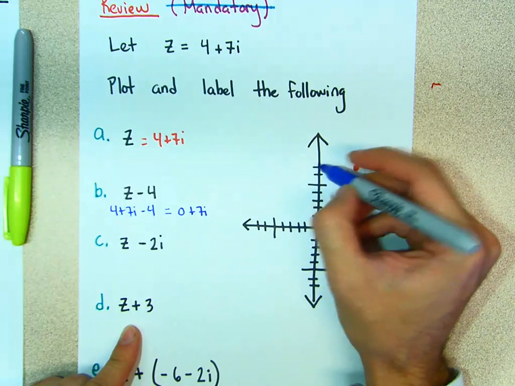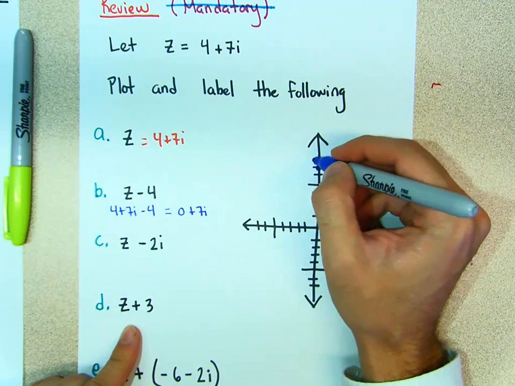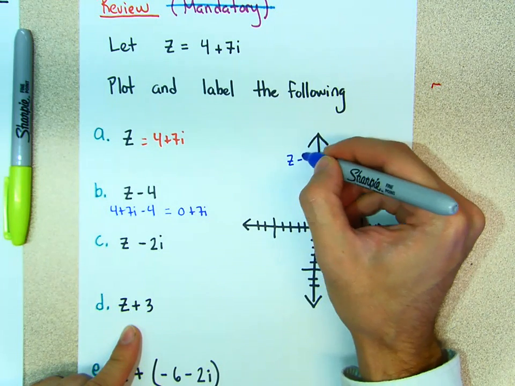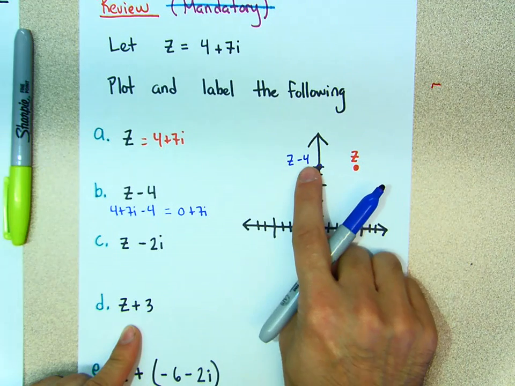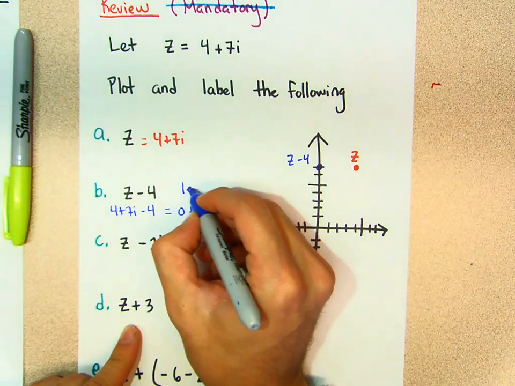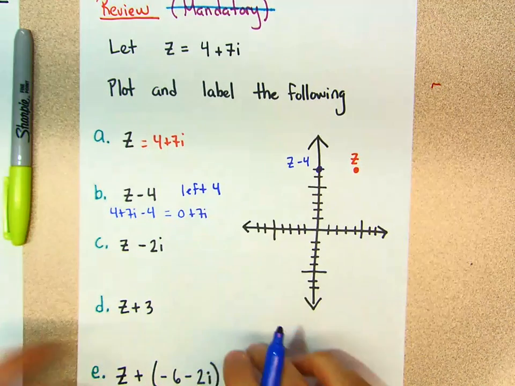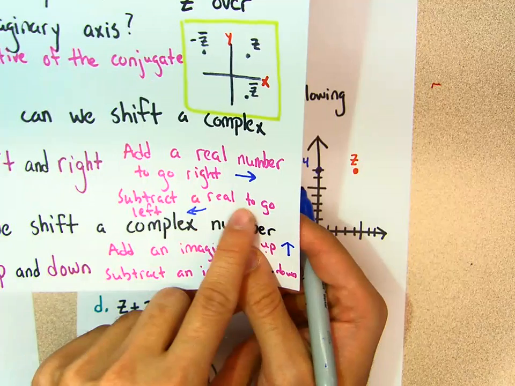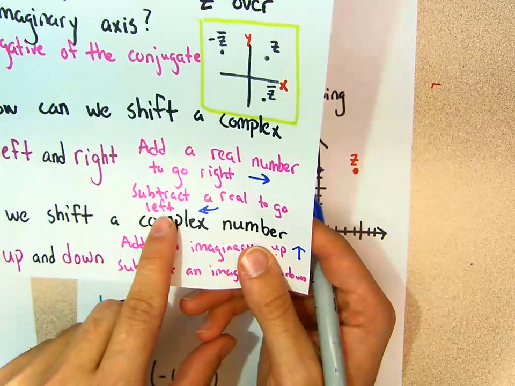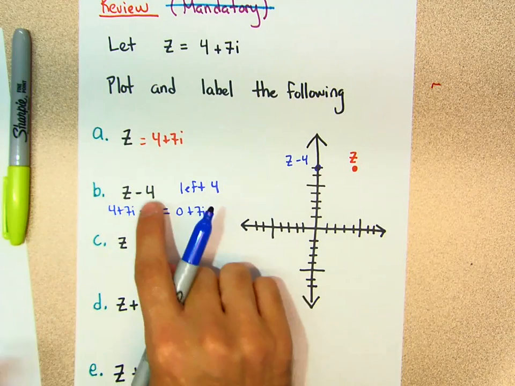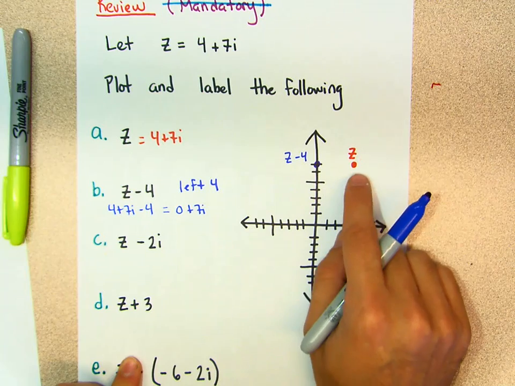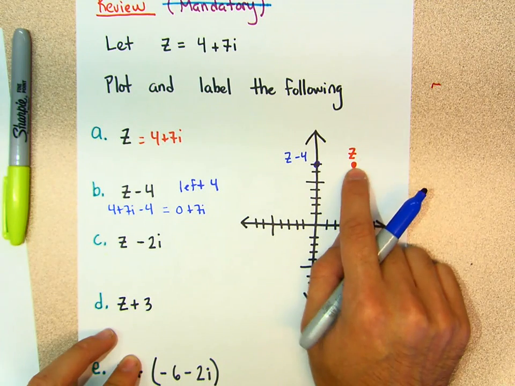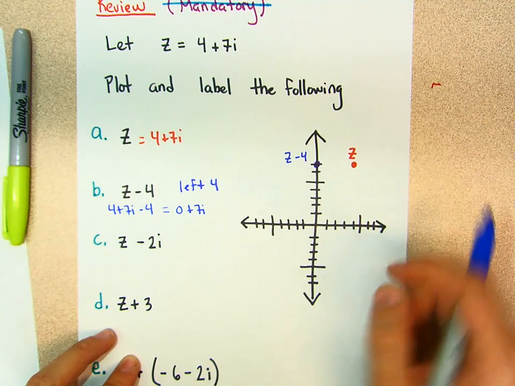Where is 0 plus 7i? It's right here. This is z minus 4. But notice when I go minus 4, I am going left 4. Here, when you subtract a real number, you go to the left. So here, when I subtracted 4 from the original z, I just went 4 spaces to my left.